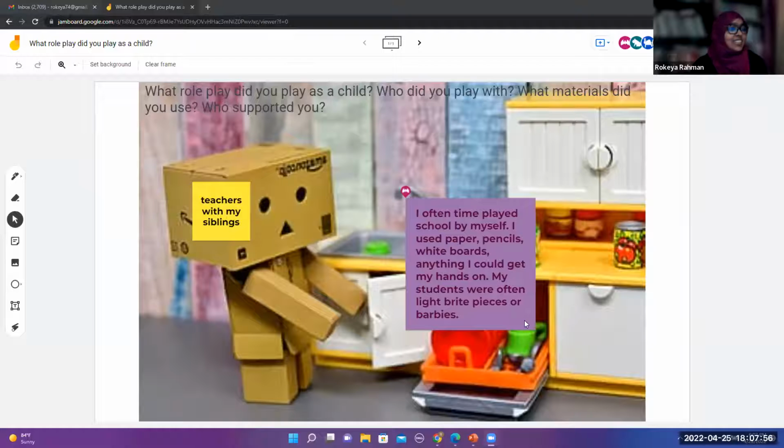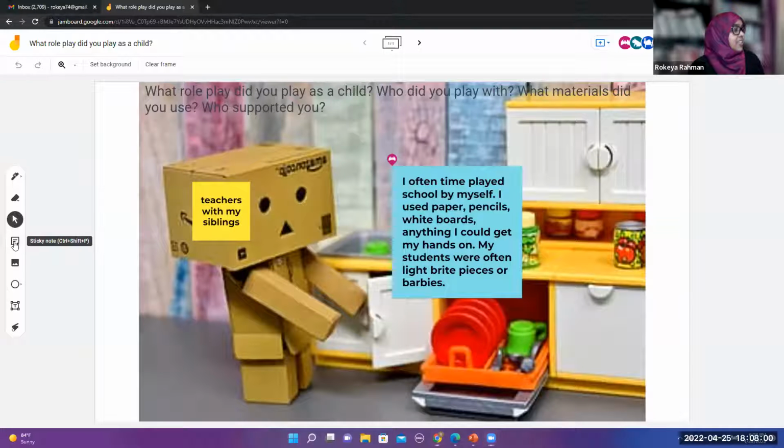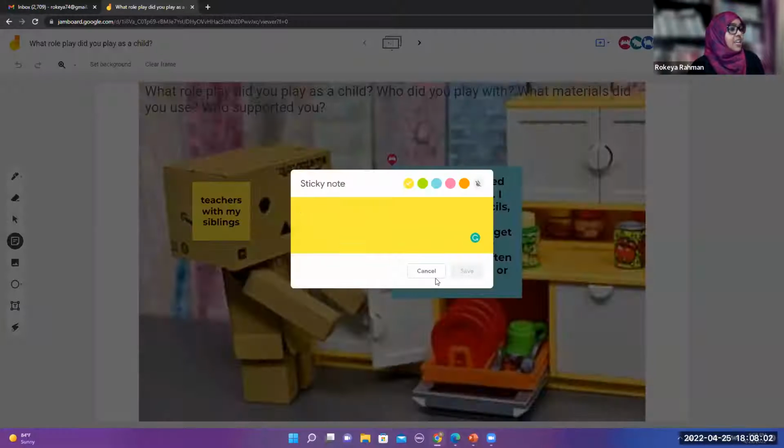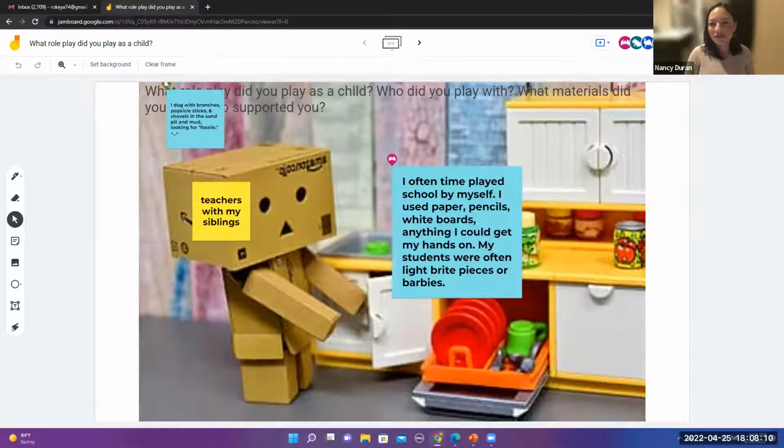You can click on the sticky notes right here, and then you can type and save. That will help you put in some of your ideas. Once you click, it's going to build a community, and all your ideas are going to show up just here. Thank you. Yes.